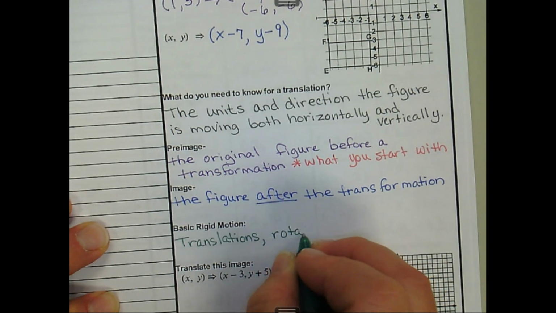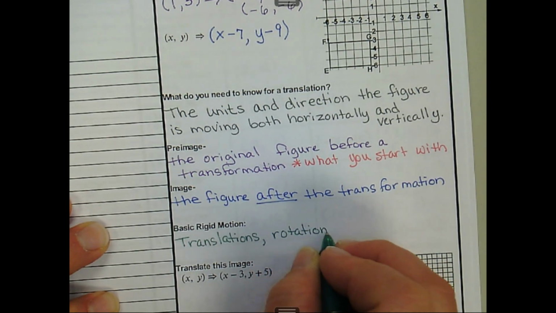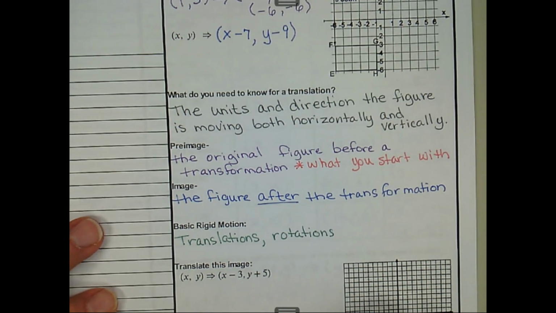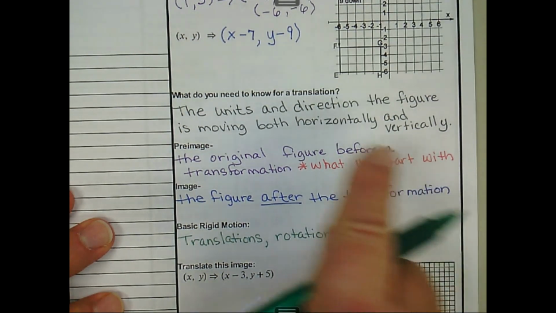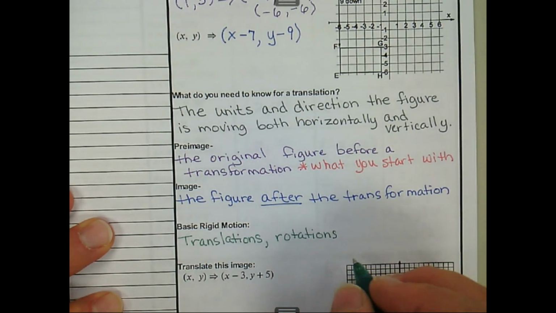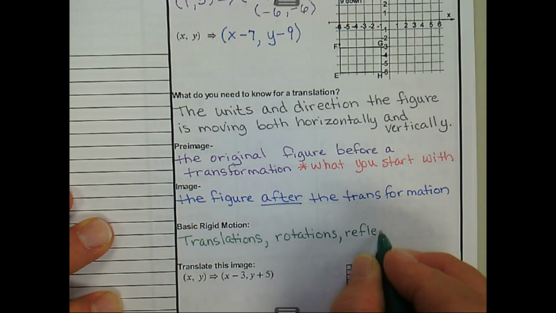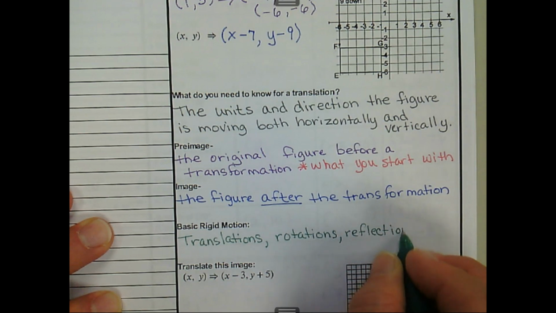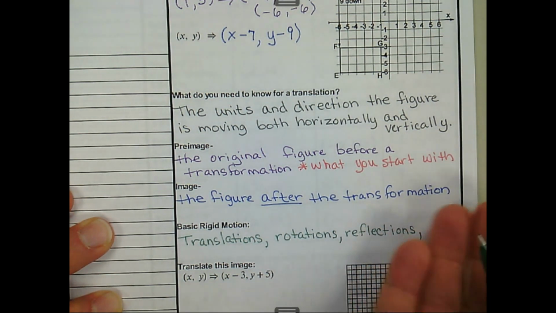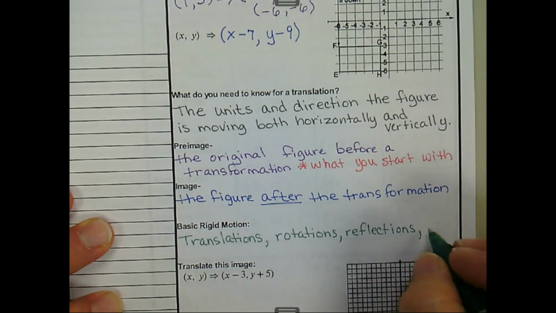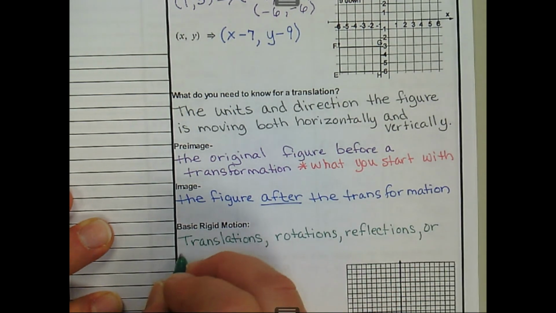Rotations, I always think about a circle. You're going around in a circle. You're picking it up and moving it on that circle. Reflections. That's where you flip it over a line or a combination of the three.